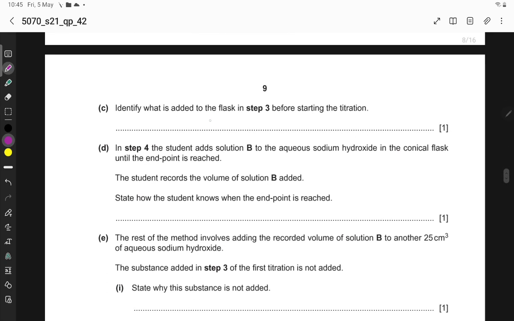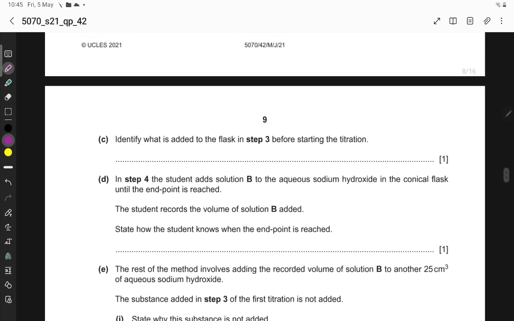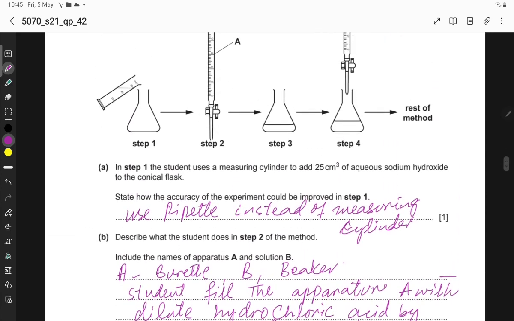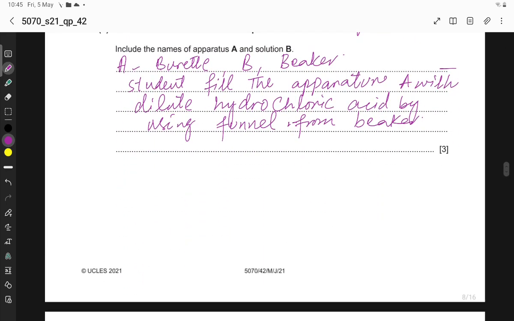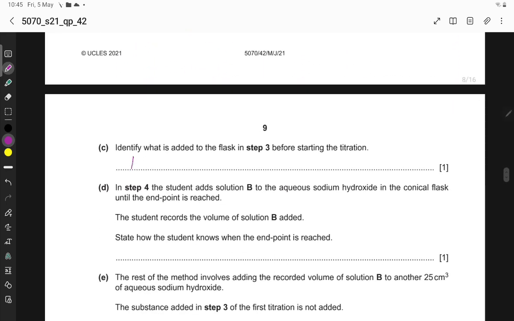Identify what is added to the flask in Step 3 before starting the titration. Indicator is added in Step 3.